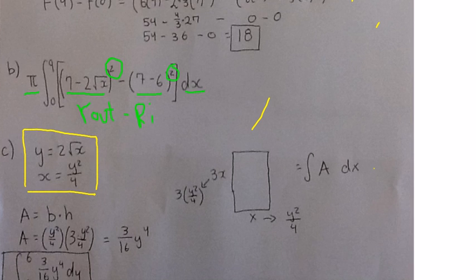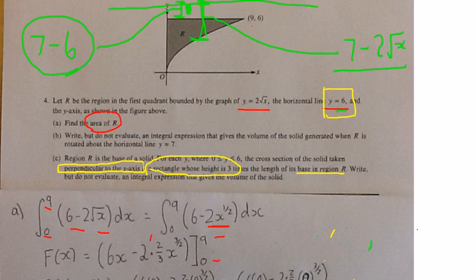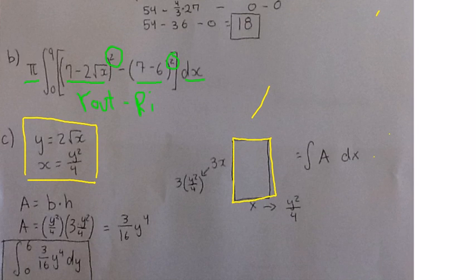So first of all, rectangle. We draw our rectangle right here because Mr. Shan says always to draw your cross sections. And the base of the region R is its length. So that is going to correspond to this.